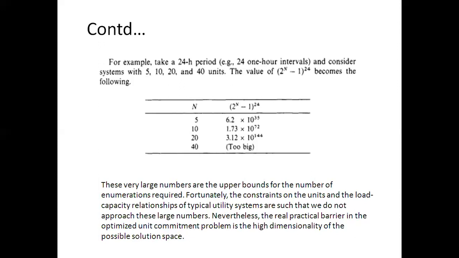We have already seen from that table, where we chose 5, 10, 20 and 40 units, that for 40 the calculation is too big, so the solution space is high dimensional for optimizing the unit commitment problem.